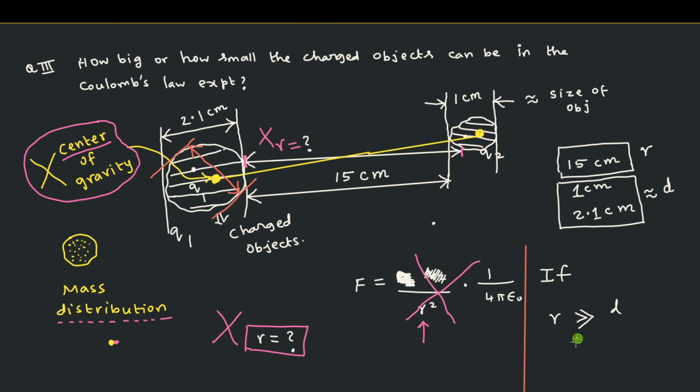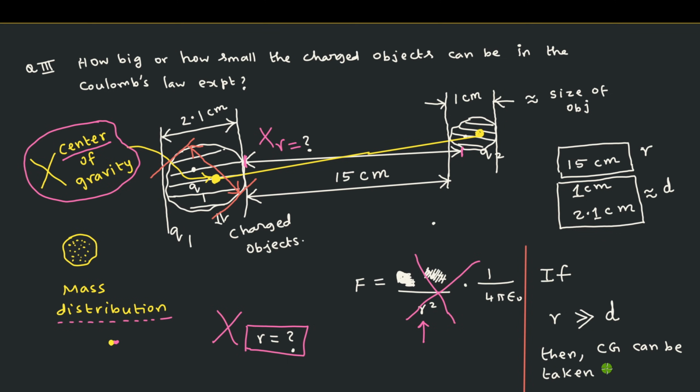This is the condition. If this is the condition that you are going to satisfy, if R is much greater than D, then the center of gravity can be taken.